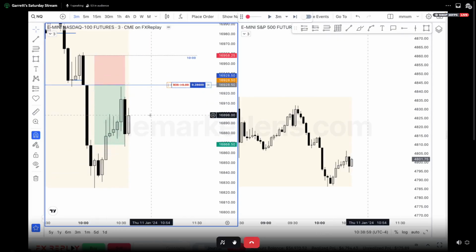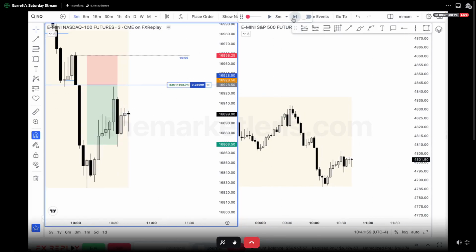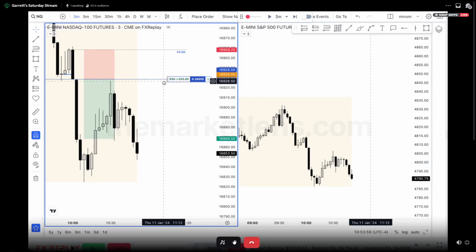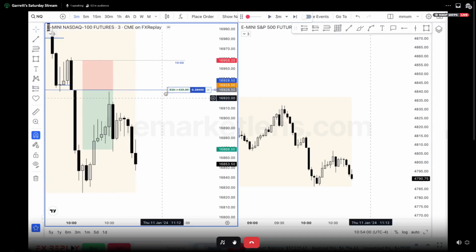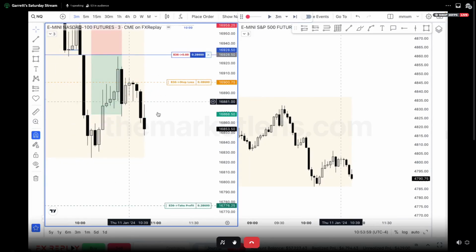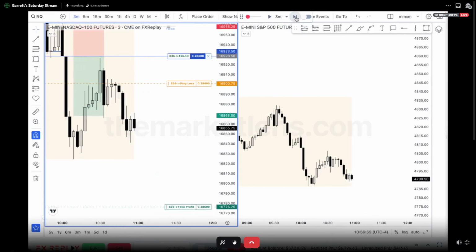You don't really want to see price come up here, so we might get stopped out. But we'll see. At this point, this looks really good. You can start to trail now, if I can grab the body of these opposing candles. They're not mechanically opposing candles, but you get what I mean.